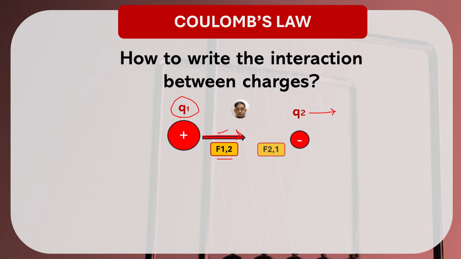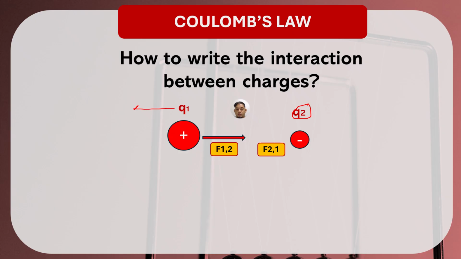What about if we have force on 2 due to charge 1? I will just erase this one for a while. Okay. Force on 2, or charge 2, is going to be our focus here, our reference point. So let's find out what charge 1 does to charge 2. Positive will attract negative, so charge 1 will have to pull charge 2.